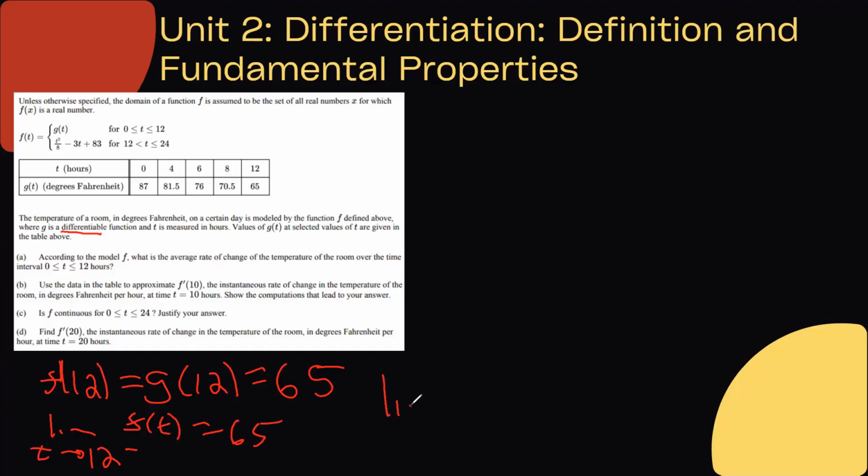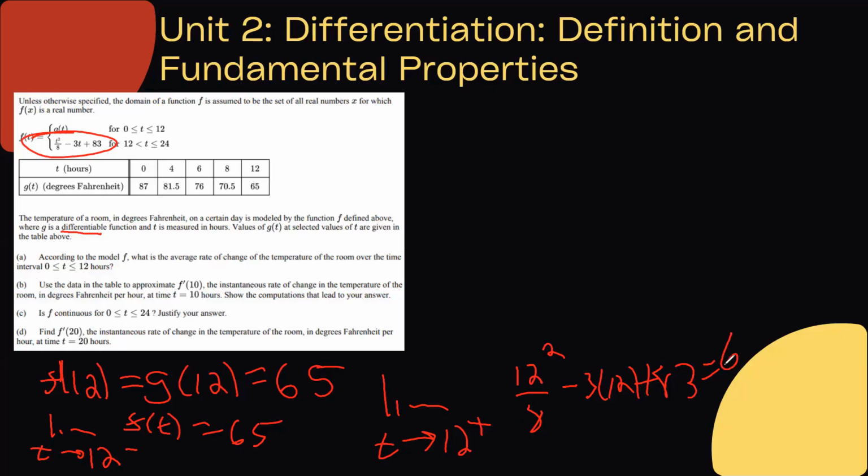And then we need to take the limit as t approaches 12 from the right. From the right, we would have to use this polynomial. So we would have 12 squared over 8 minus 3 times 12 plus 83 equals 65. Since the limit exists and is equal to 65, and the limit equals the function value, the function is continuous at 12. So the function is continuous from 0 to 24.